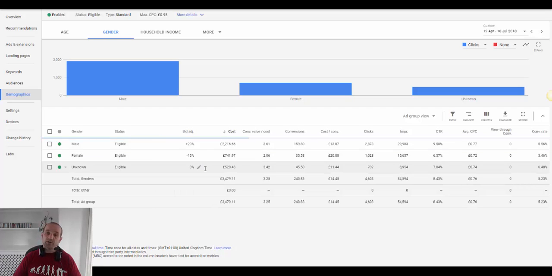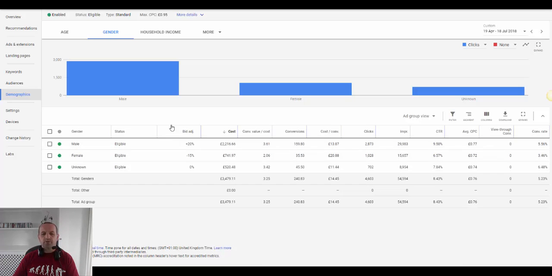So remember our earlier group, so if this is a 60-year-old female who is searching, we've now got that 10% bid down to 90p from £1, and we've also then got another 15% reduction on that. So again, it's multiplying the two together, remember. So we've got bid adjustments there.